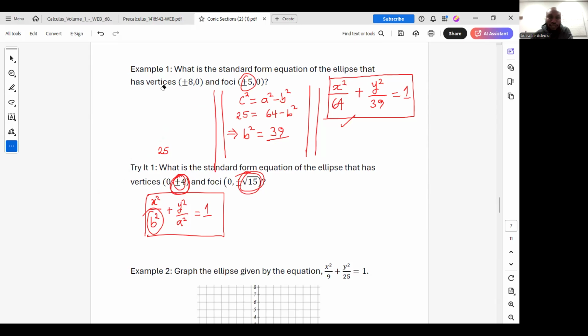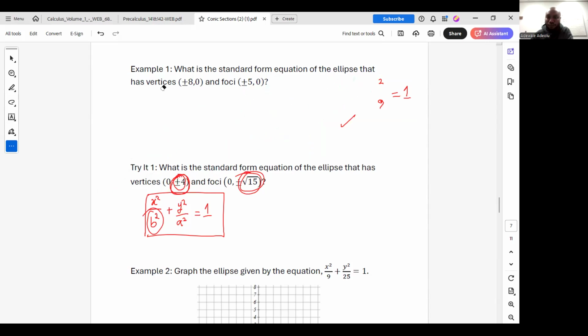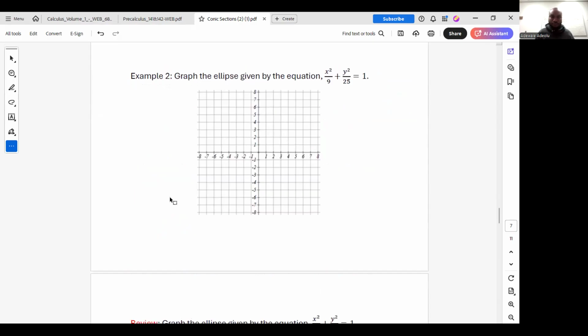Okay, let us go on to example 2. Graph the ellipse given by the equation. There is a story this equation is telling.